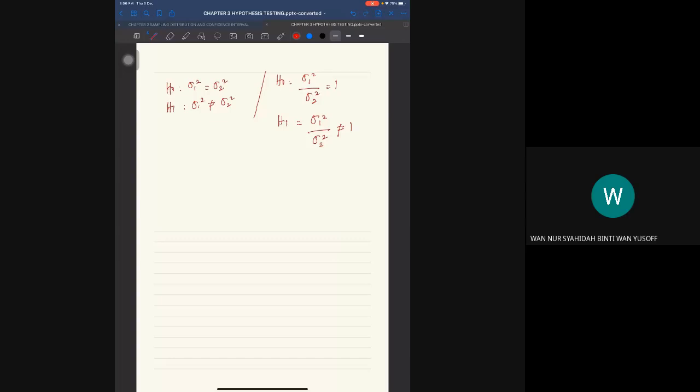So in general, sigma naught squared is always 1 for the ratio. Always 1. Is it correct if we write in this form?